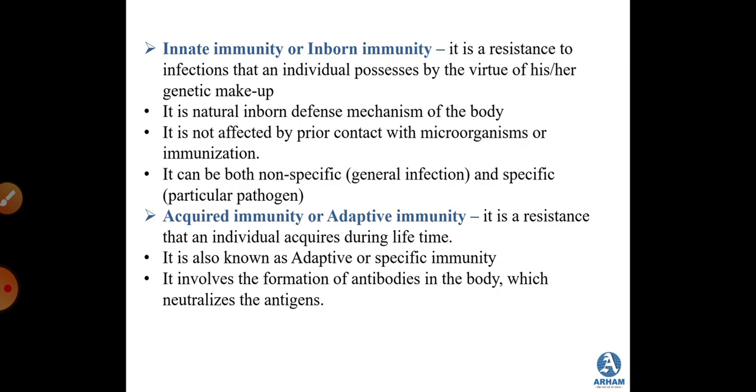Now when we say inherited, that means it is by virtue of an individual's genetic makeup. On the other hand, acquired immunity, or adaptive immunity, is a resistance to infections that an individual acquires during a lifetime. So this is one basic difference between innate immunity and acquired immunity.